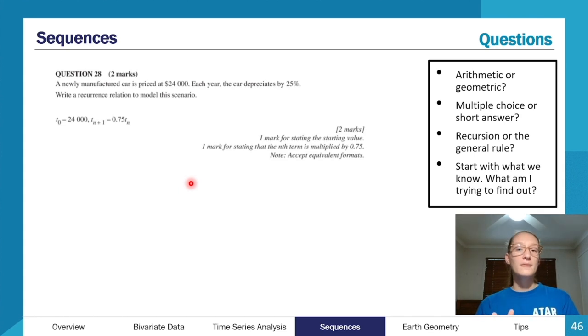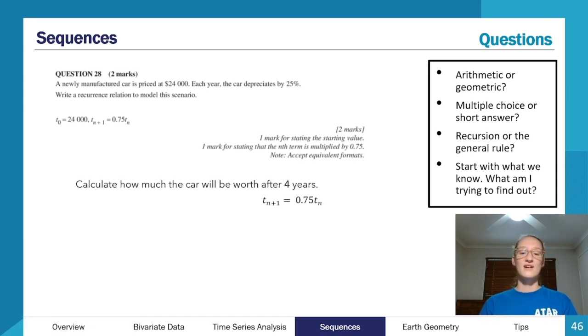So T1 is after 1 year has passed. But here we're told the initial brand new value is $24,000. After 1 year, when we're looking at T1, it's already depreciated by 25%. So it wouldn't be accurate to say that T1 is $24,000, because a year hasn't passed yet if it's still worth $24,000.